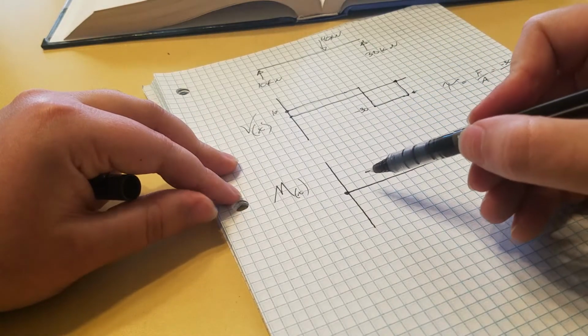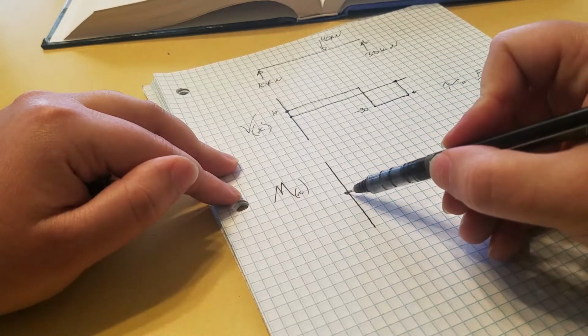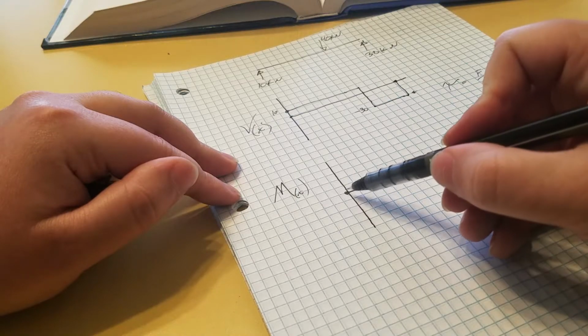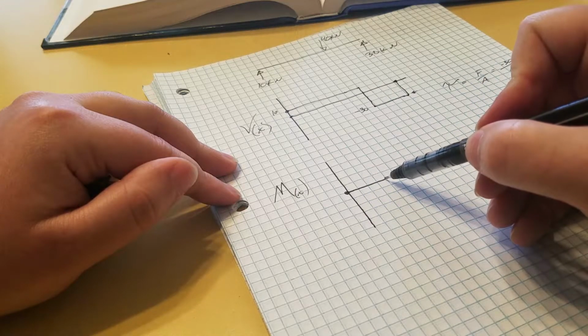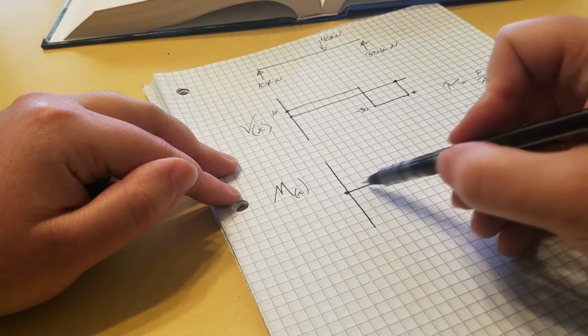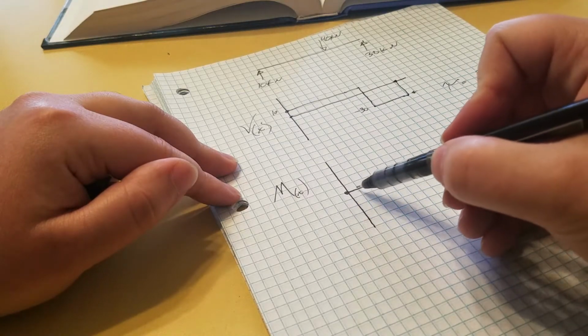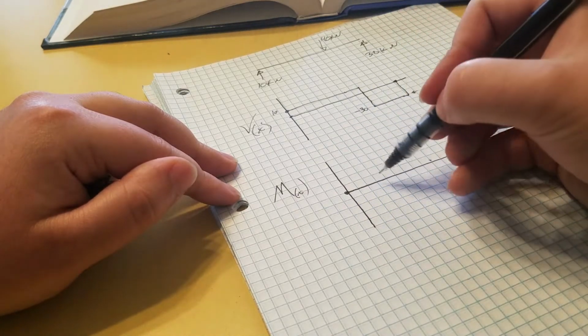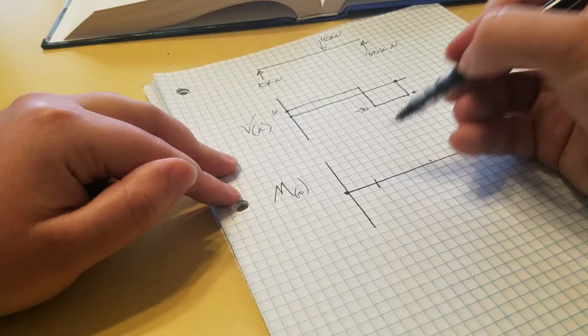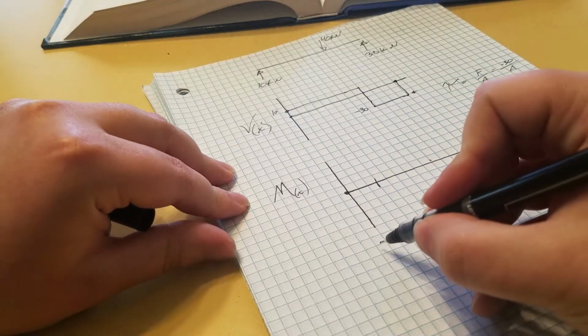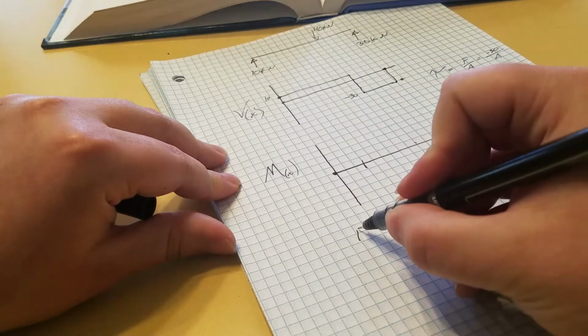Now, say we go 1 meter ahead, and this is 3 total. So say we go 1 meter ahead. So now you want to consider your cut.